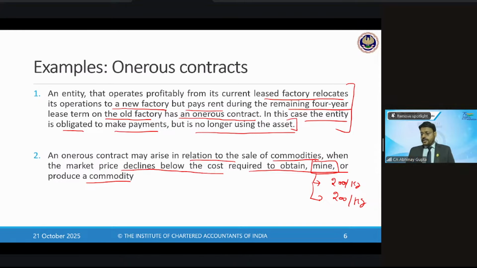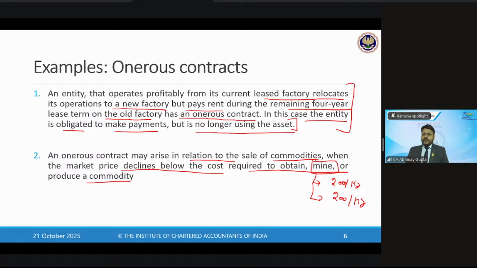So basically what we need to think is, in the given circumstance or situation, whether there are any signs by virtue of which a prudent person will not intend to fulfill the contract, right?